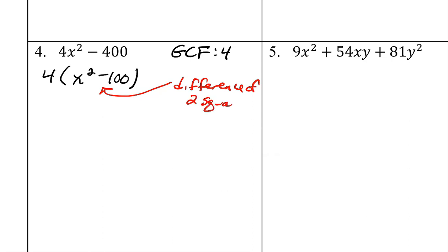You can square root x squared, and you can square root 100. So if that's the case, we would factor this as x times x is x squared. 10 times 10 is 100. And since it's a difference, one of those 10s has to be negative, and one of the 10s has to be positive. And that is our final answer.